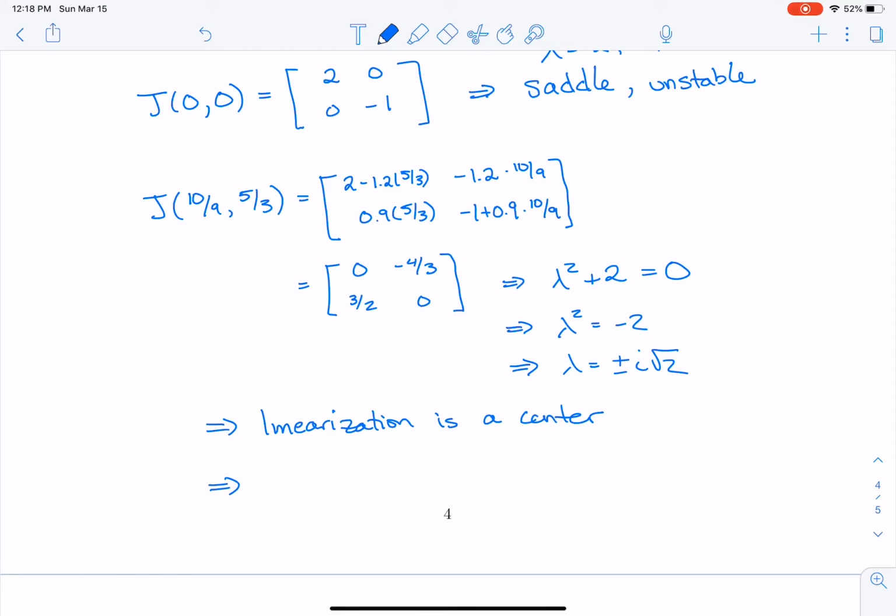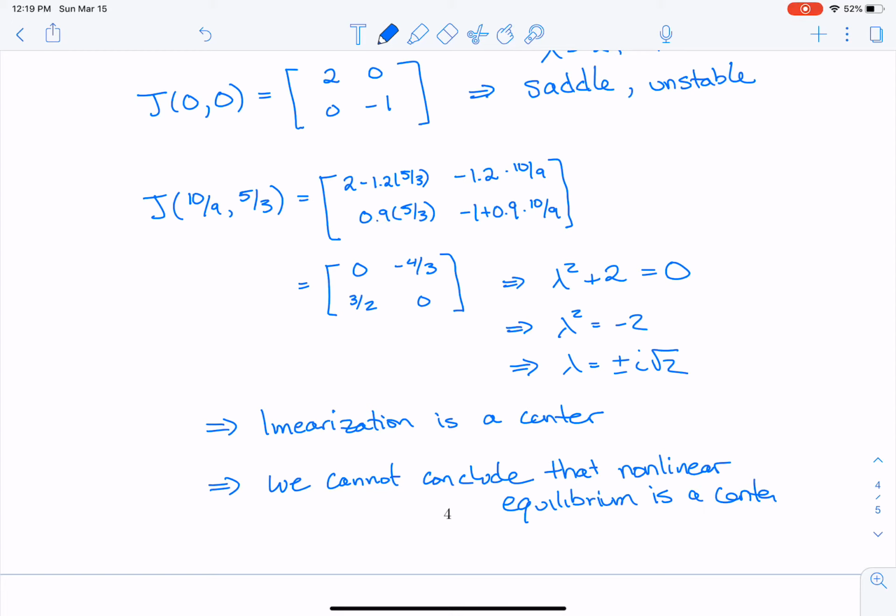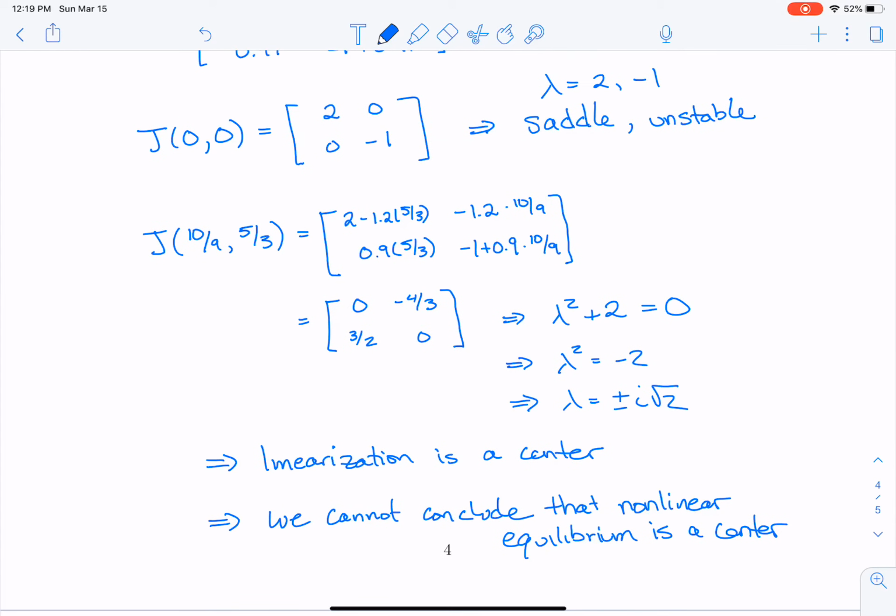The linearization is a center, but we cannot conclude for nonlinear systems that the nonlinear equilibrium is a center. It looks like a center, but the theory does not allow us to immediately conclude that the nonlinear equilibrium is a center.